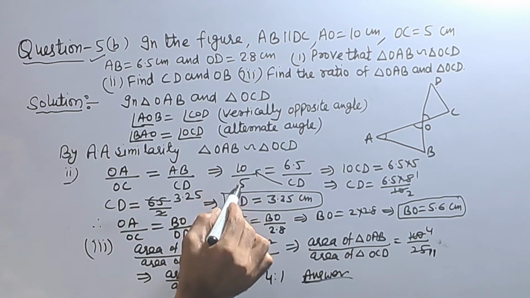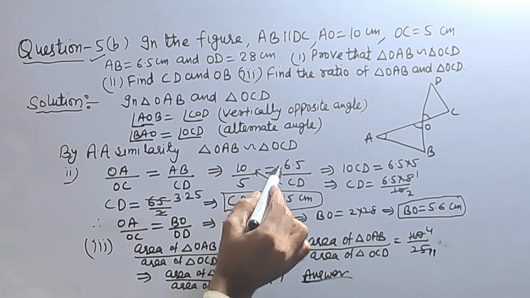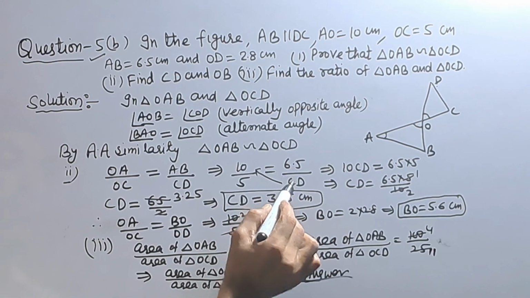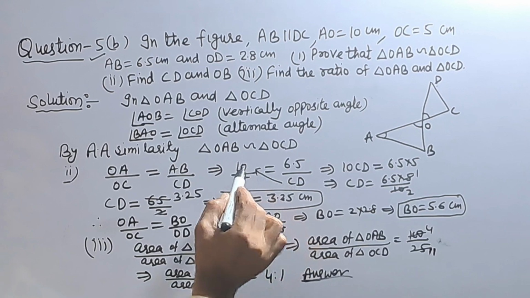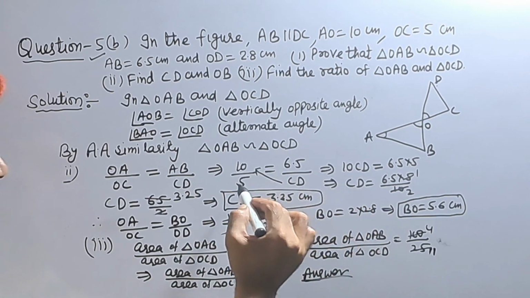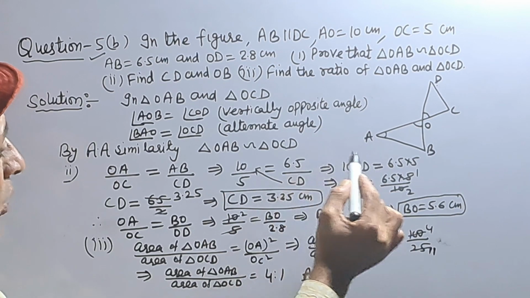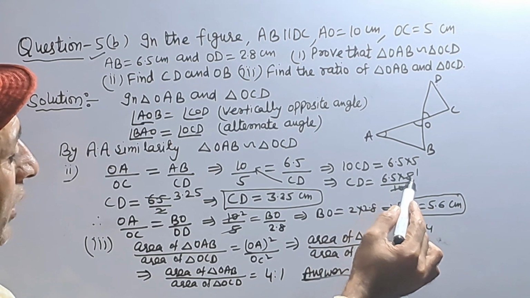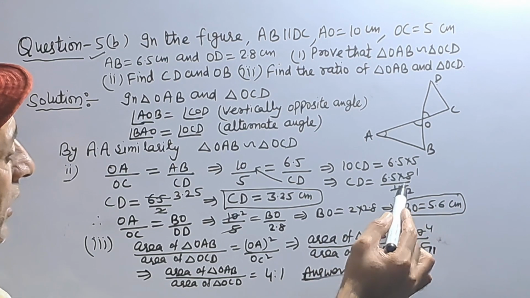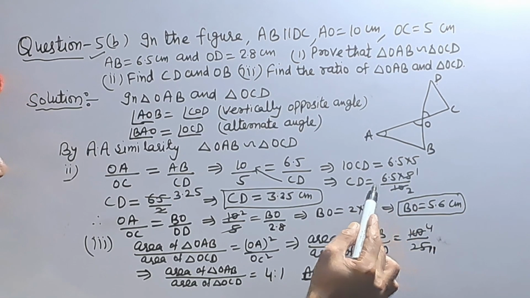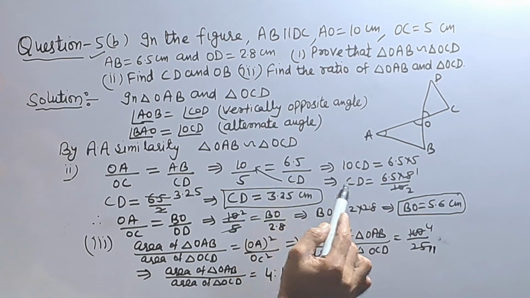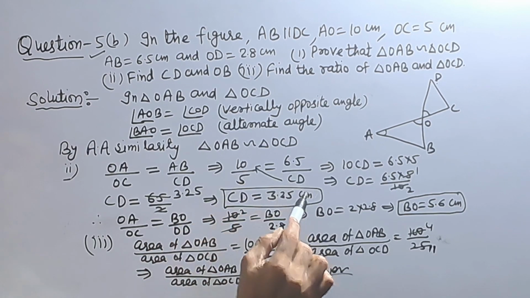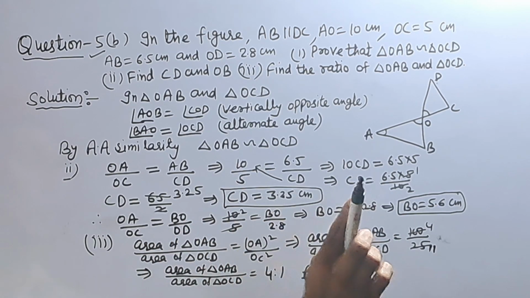OA is 10 and OC is 5, AB is 6.5, and we want to find the value of CD, that is 10 CD equals 6.5 multiplied by 5. Then CD is equal to 6.5 multiplied by 5 divided by 10. 5 1s are 5, 5 2s are 10, and 6.5 divided by 2 is 3.25 centimeter. CD is equal to 3.25 centimeter.